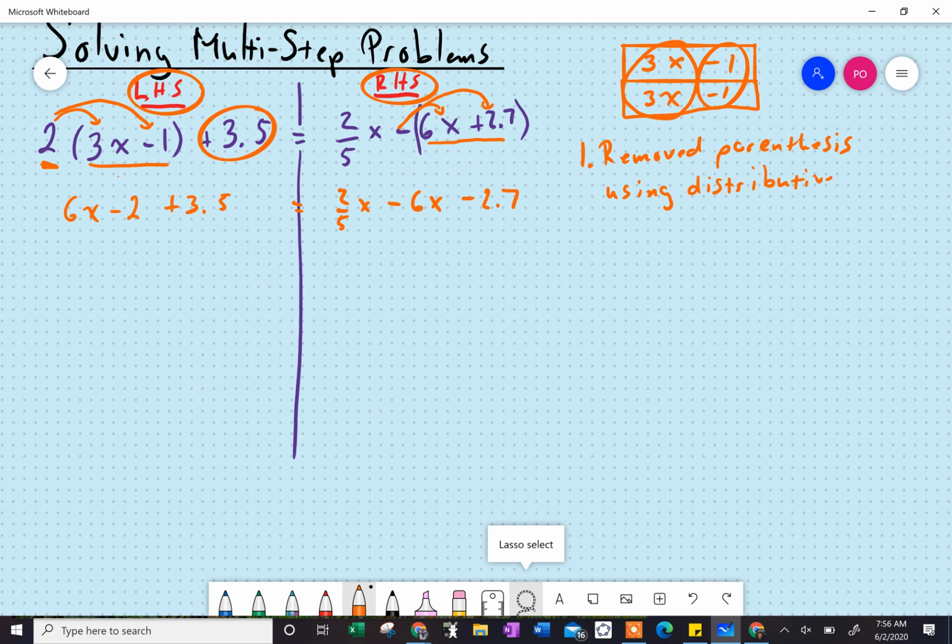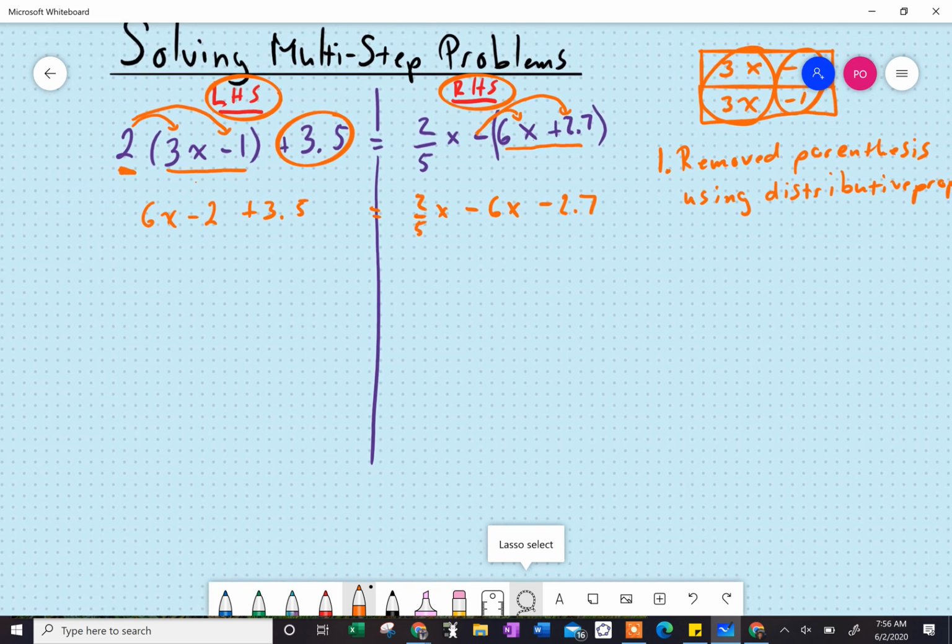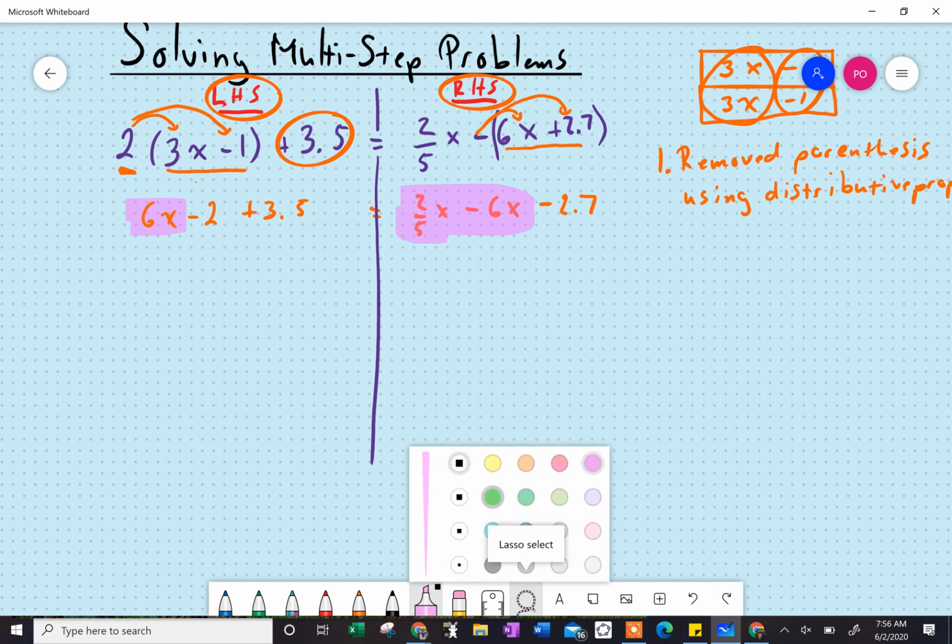And now I need to figure out what I am going to do here. Well, I have some variables: I have a 6x, a 2/5 x, and a negative 6x. And then I have some constants.